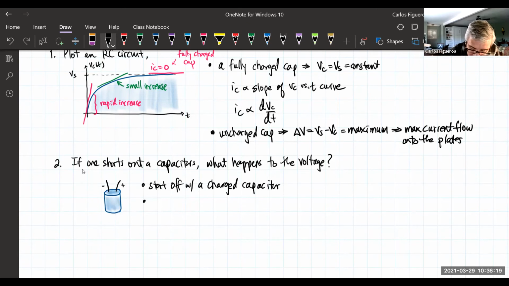And then I short out the capacitor by connecting the two wires.